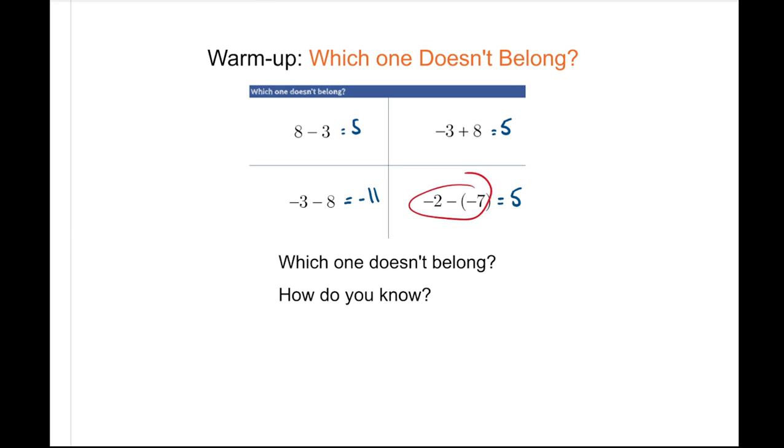Or you could say maybe this one is the odd one out because we're adding numbers here, whereas all the other ones we're subtracting. So there are different solutions. There's not one correct way. But based on what we're looking at today, if you went through and added or subtracted them, that's what we're going to be looking at.